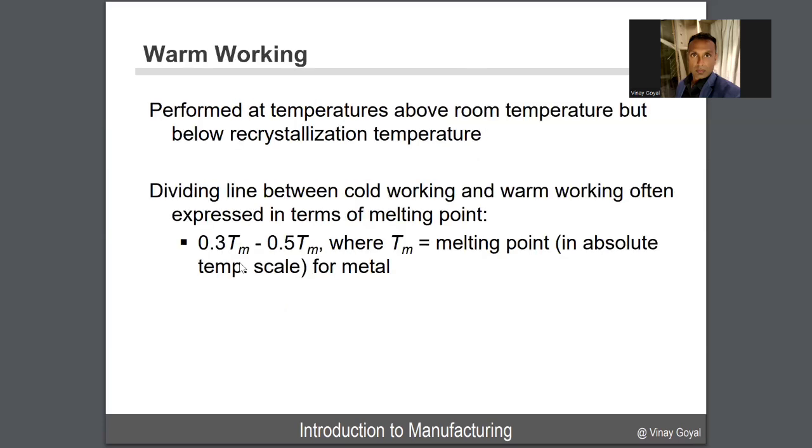With warm working, you're looking at performing the operations at temperatures above room temperature, but below the recrystallization temperature. That means that this is the dividing line between cold working and warm working. You're looking at between 0.3 times the melting temperature and 0.5 times the melting temperature. And here we're looking at the absolute scale, by the way, kelvins.